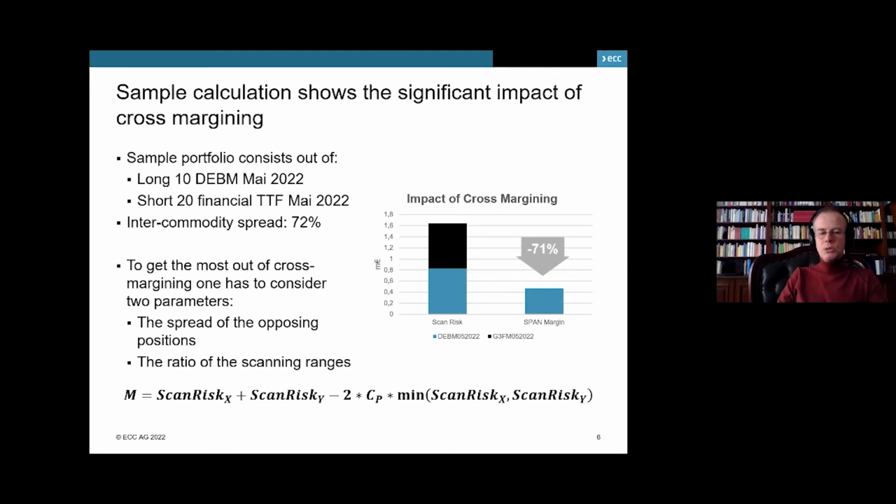But the second issue is you have to find a reasonable size of that position, because if they have essentially the same height, you get the most out of cross-margining. Of course, it gets a bit more complicated if you have not only two positions, but more of them.